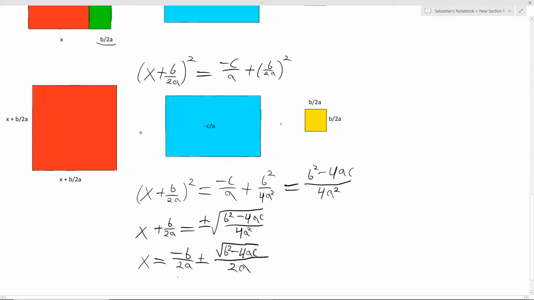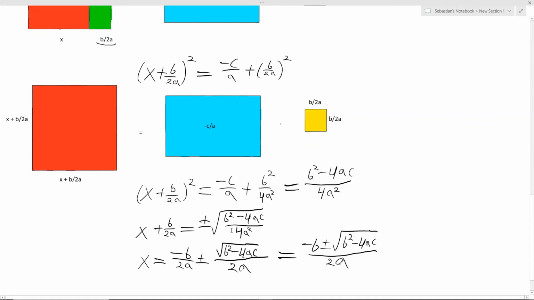And since these denominators are the same, we can combine the numerators into a single fraction, and we're left with negative b plus or minus the square root of b squared minus 4ac all over 2a, which is the form you're likely used to.